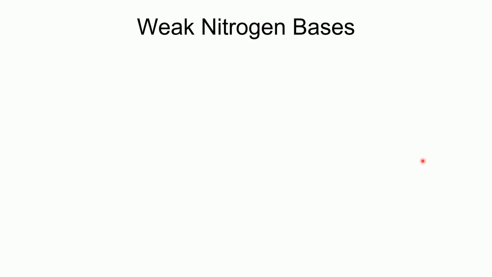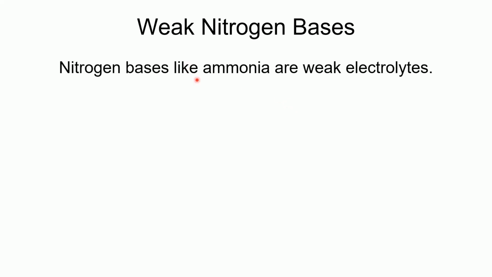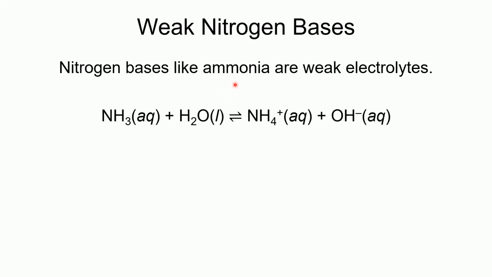We also want to look at what we refer to as weak nitrogen bases. These are things like ammonia. When we put them into water, they will dissociate to some extent. In this case, ammonia will give us ammonium ion and hydroxide ion. Since it produces hydroxide ion, we consider this a base, so it is a basic solution.